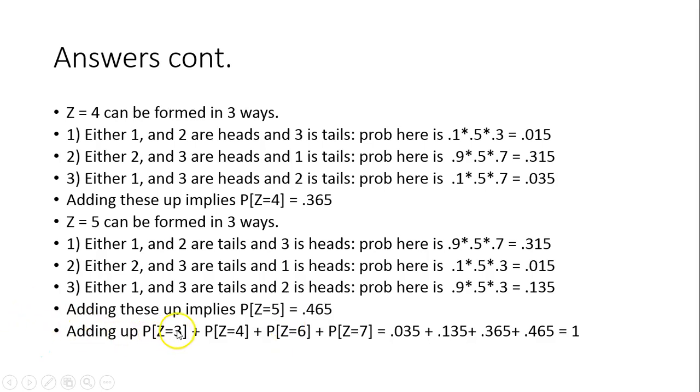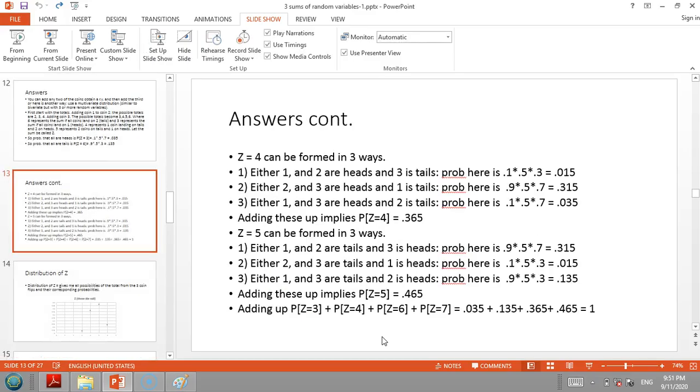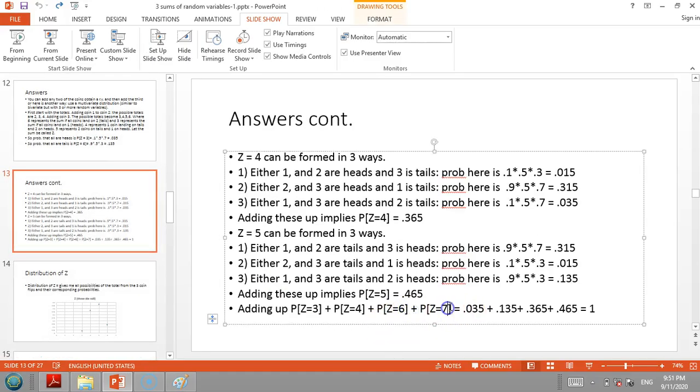Adding up probabilities, z equals 3, 4, 5, and 6. It should be, right? I don't know why there's 7 here. I just correct it here. In this case, the last one is 5, right?